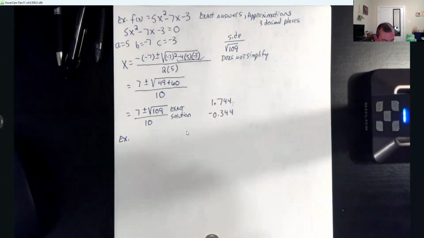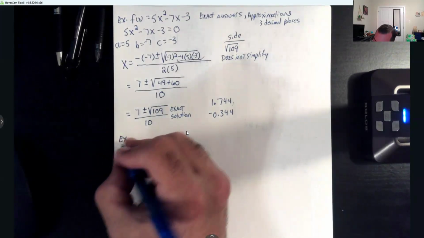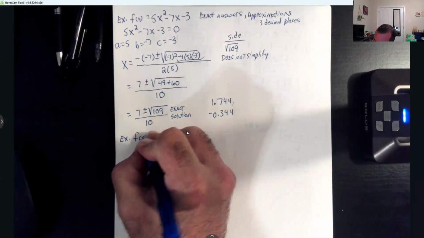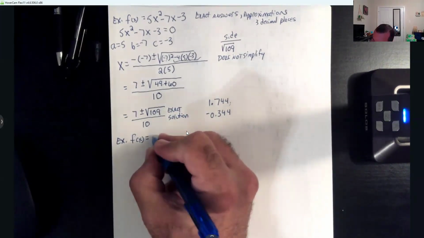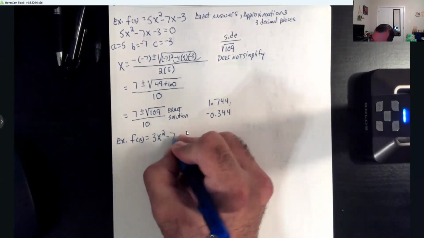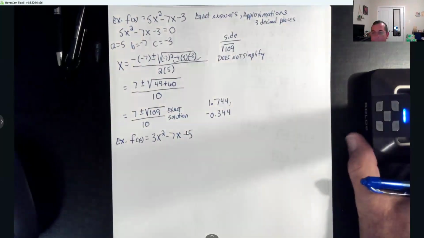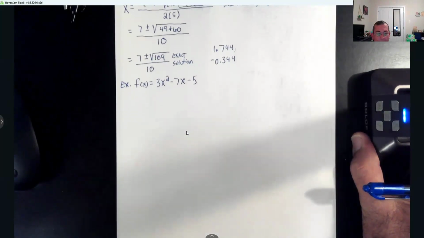All right, y'all, so one more of these, and then I'll show y'all a little bit of the next section. So this one, I got f of x equals 3x squared minus 7x minus 5. So I'm going to set that equal to 0 again.